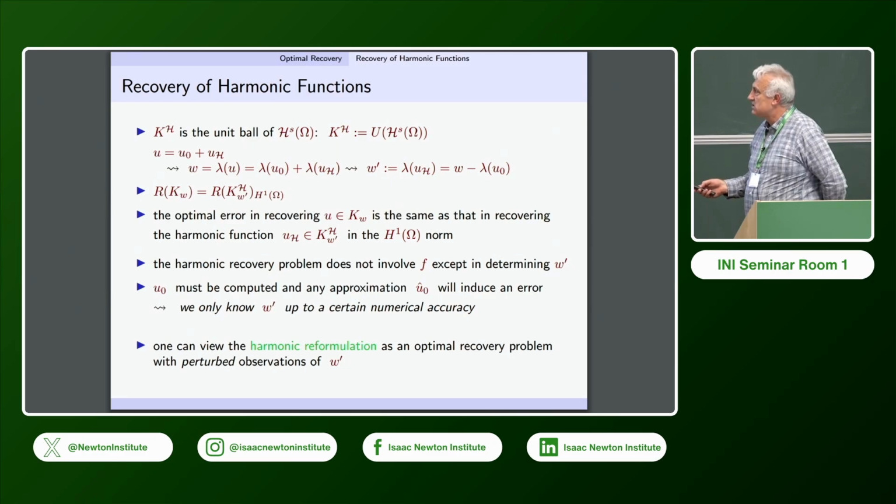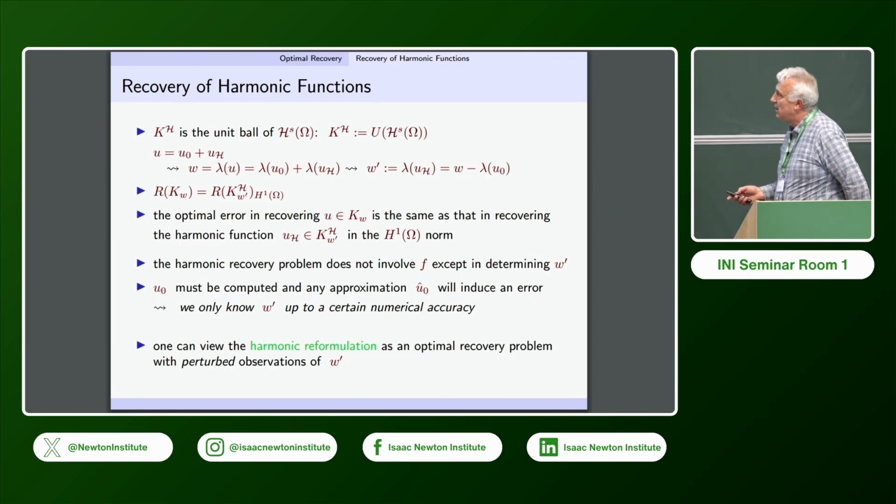So that also means this radius is equal to that radius, but we have to add additionally some fuzziness, so to say, for this W prime.